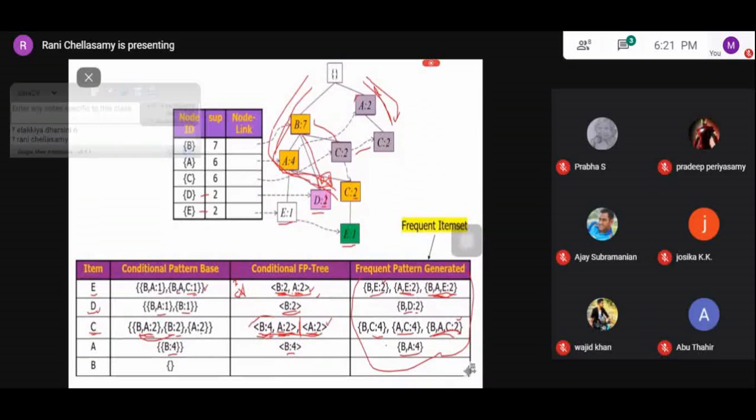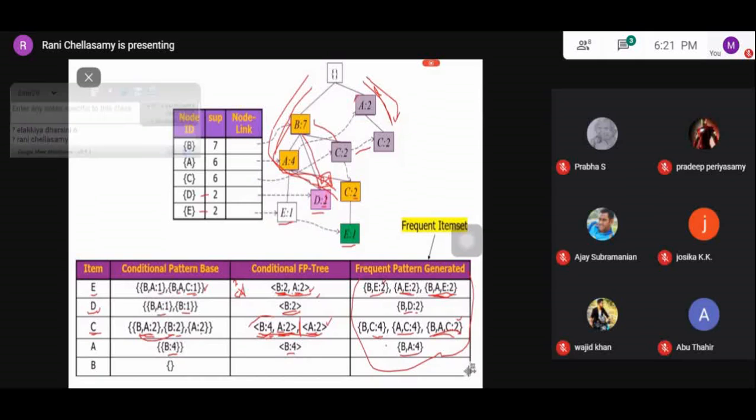So, this is why we are not totaling it as 2 plus 2, 4. Because the A value in the left subtree is 2 and the A value in the right subtree is 2, you should not add these two values as 4. That's why I have simply written them separately, 2 for A on the right subtree and 2 for A on the left subtree.